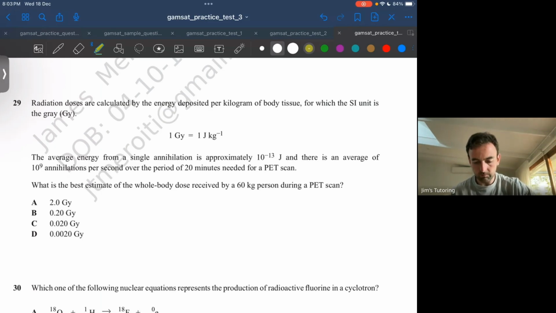But what I was going to say is you might be noticing that a lot of these units kind of are dimensionless units. So we've got something like a single annihilation is approximately 10 to the negative 13 joules. Ten to the 9 annihilations per second. Has anyone got anything looking like an answer?